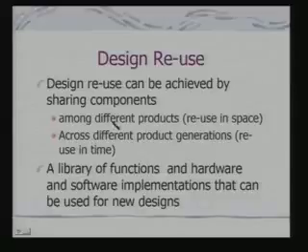In fact, the whole idea of space is that if you are simultaneously developing two different products, in some way differentiated in terms of functionality, you can have your components shared between the products. So that's why it's reuse in space. Else, if it is over different generations of products, it becomes reuse over time.